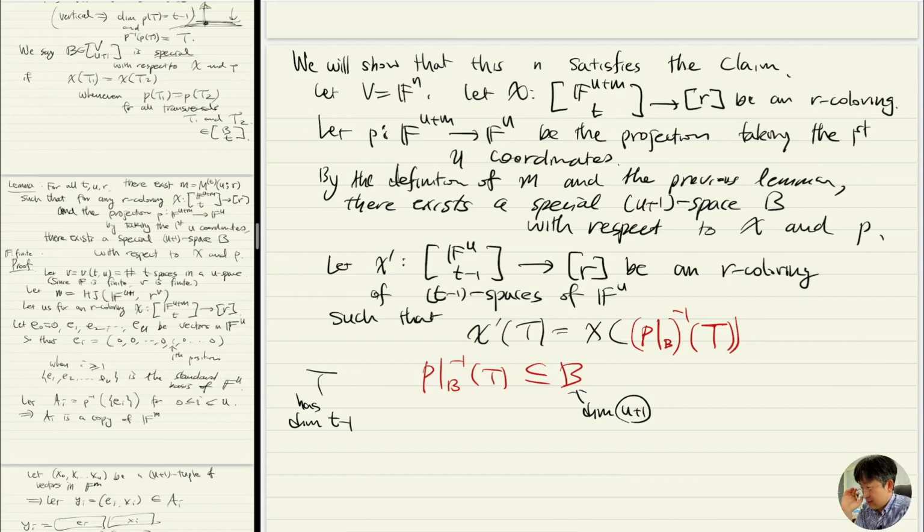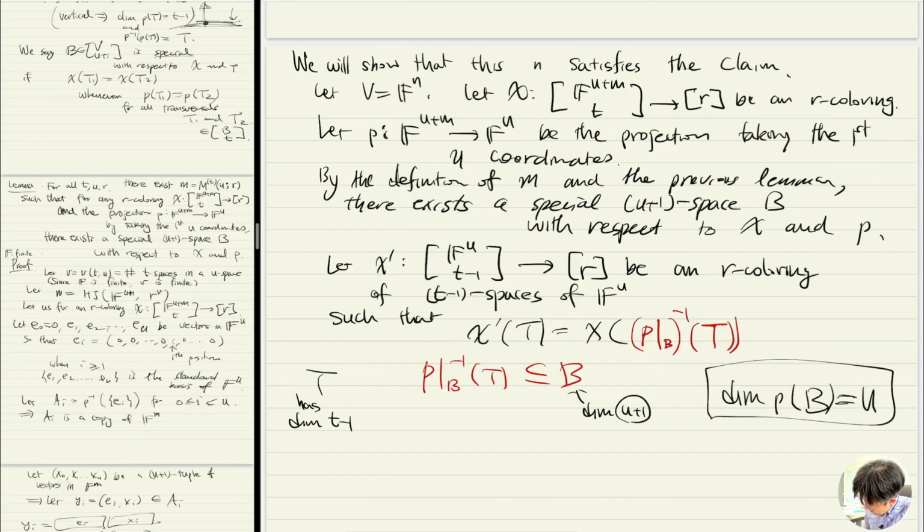The projection of B has dimension U, so we lost one dimension.